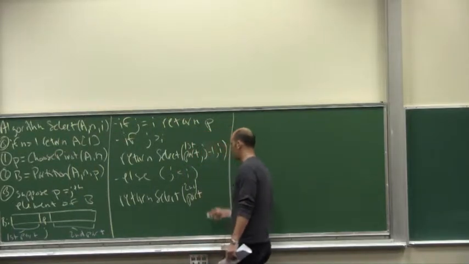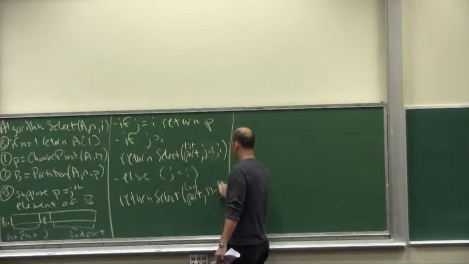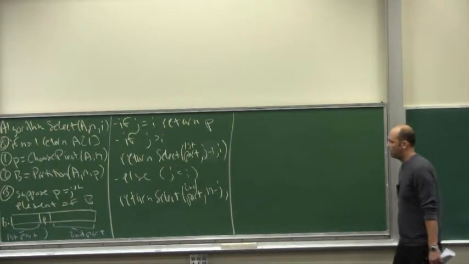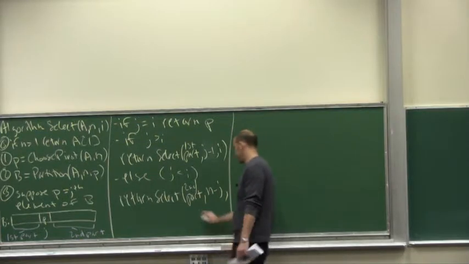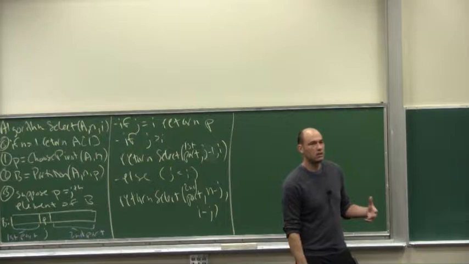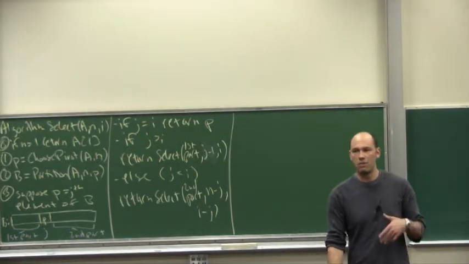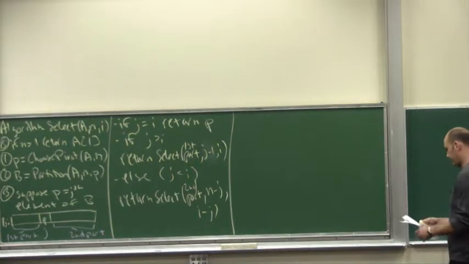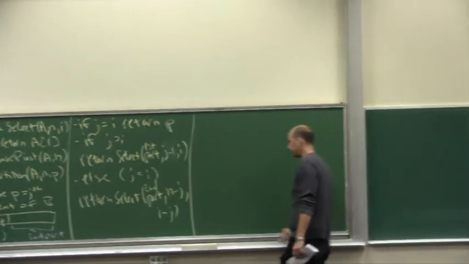We've thrown out the j smallest ones, so what order statistic do we want? i minus j. The ith smallest element overall, we've thrown out the jth smallest ones, so we want the i minus jth smallest of what remains. Okay.